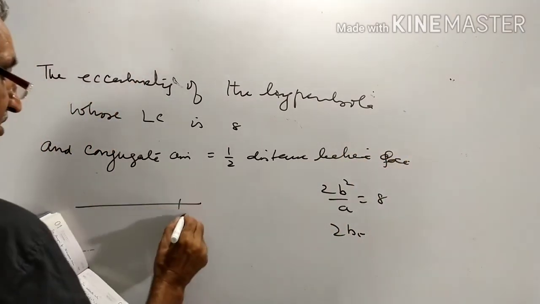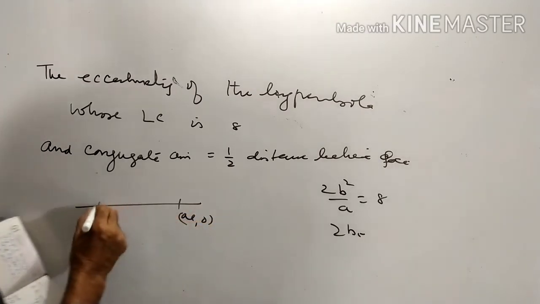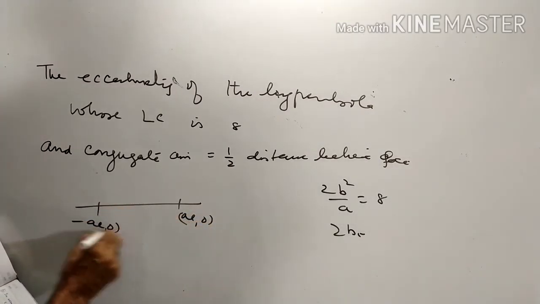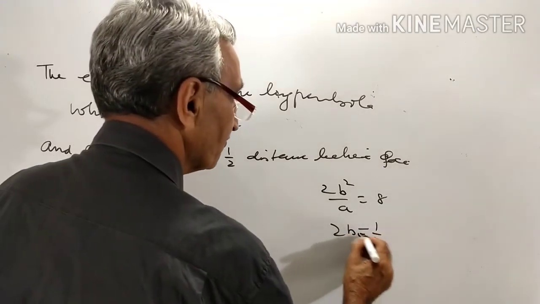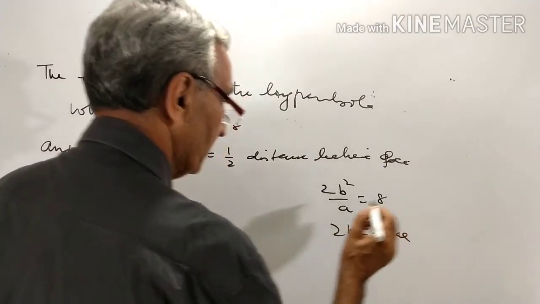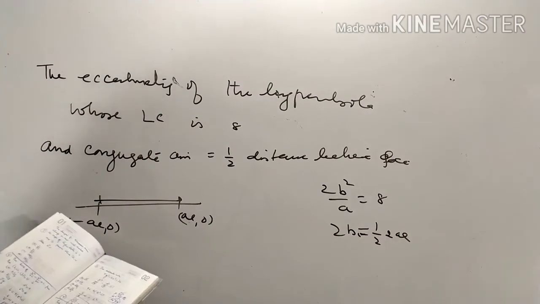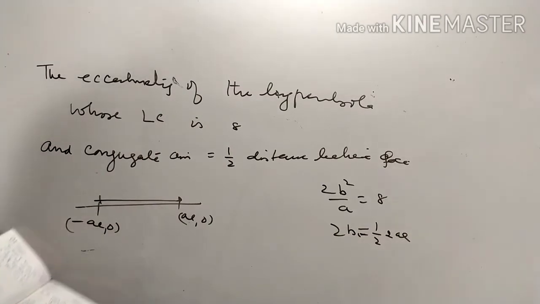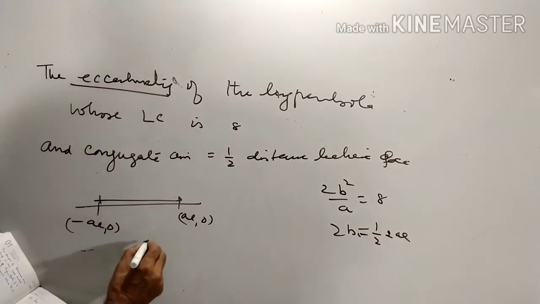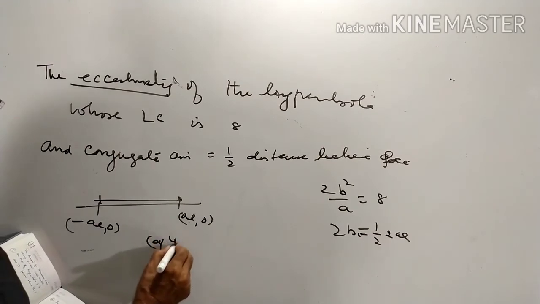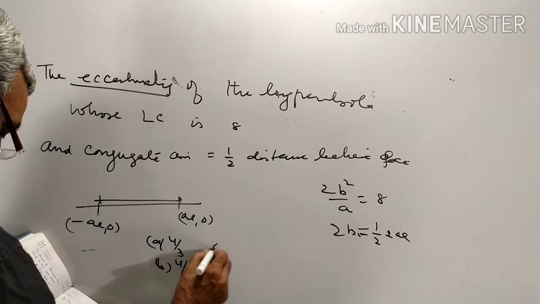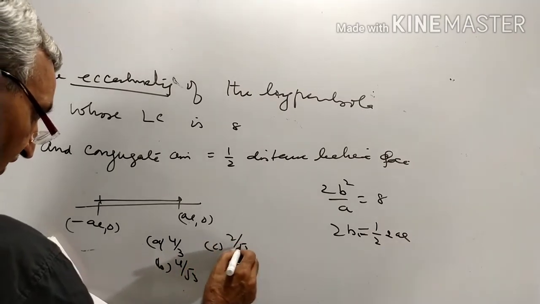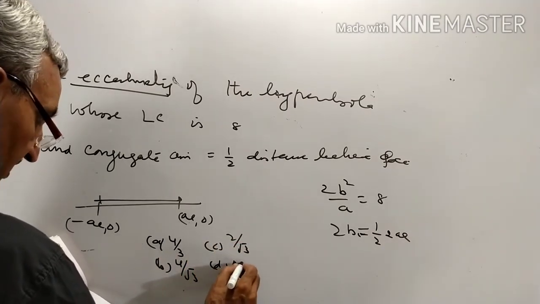One focus is (ae, 0), another one is (-ae, 0), so the distance is equal to 2ae, which is equal to half of 2 into ae. He asks, what is the eccentricity? The choices are A 4 by 3, B 4 by under root 3, C 2 upon under root 3, and D none of these.